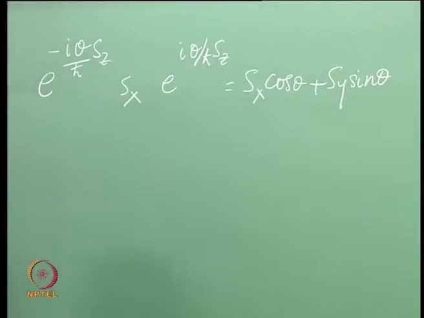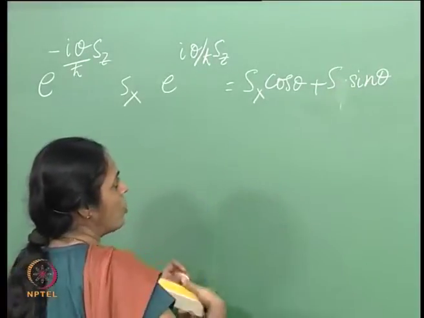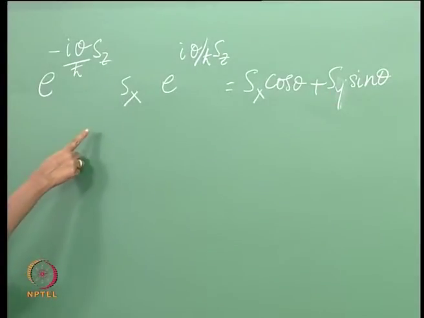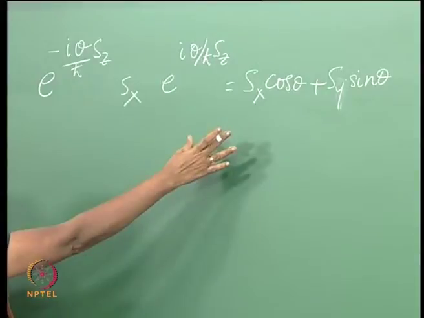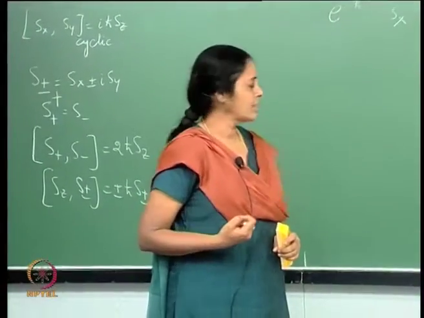Now this is something that tells us that Sx transforms like the x component of a vector. Similarly, if you had Sy here, you will have minus Sx sin theta plus Sy cos theta out there to tell you that Sy transforms like the y component of a vector, and so on.